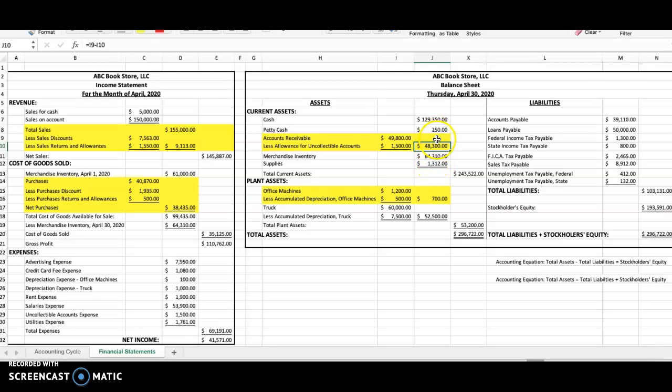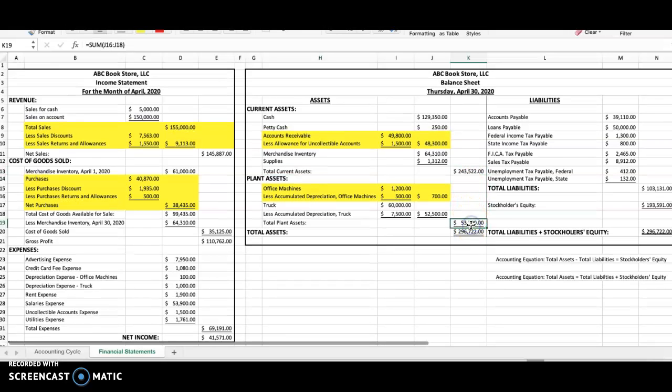So that will impact the total current assets. Instead of $49,800, we have a lower number that will make our current assets a little bit lower. And then we add the current assets plus our plant assets, and then we get total assets at the bottom. Hopefully a realistic amount of money.